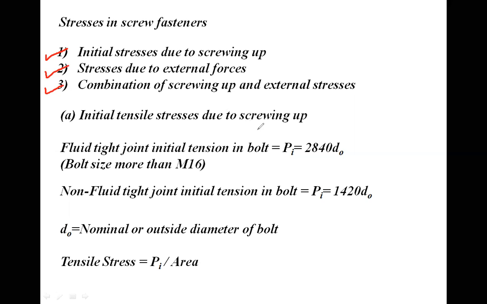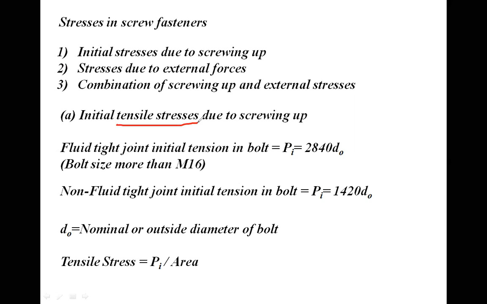One by one, we will take the stresses in the screw fastener. First, we will take the initial stresses due to screwing up. In that, the first is the initial tensile stress due to screwing up. As we know, these screws have a variety of applications.